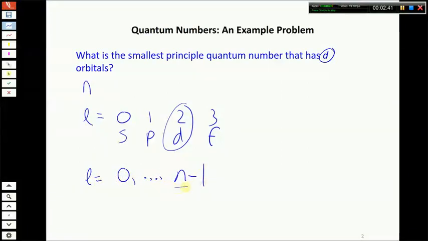So depending on the value of n, that determines which values of L are allowed. If we have L equals 2, what's the smallest value of n where we can see that? n minus 1 is 2, so n is 3. The algebra is not terribly difficult here. And we get n equals 3 as the smallest principal quantum number that has d orbitals.